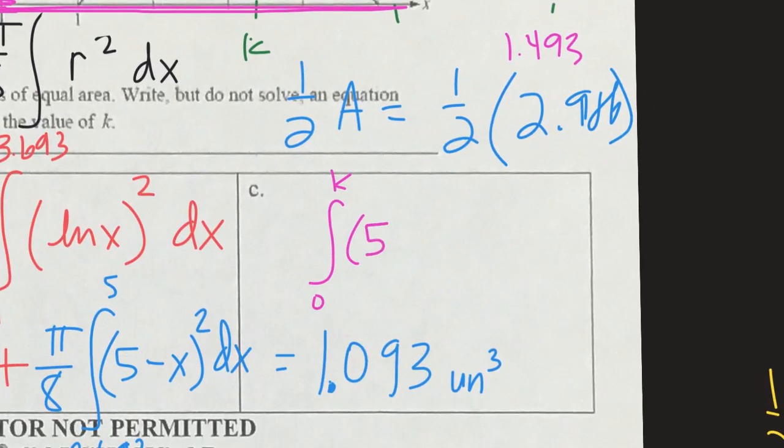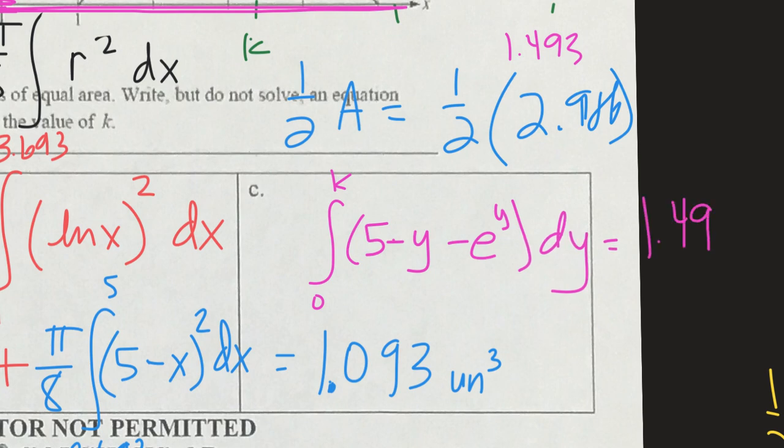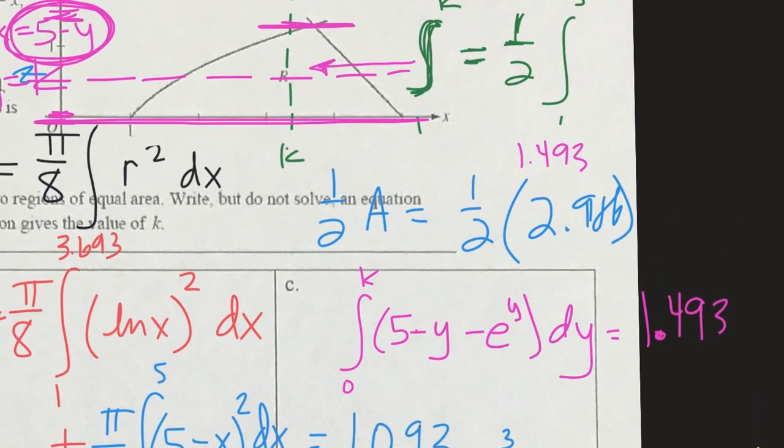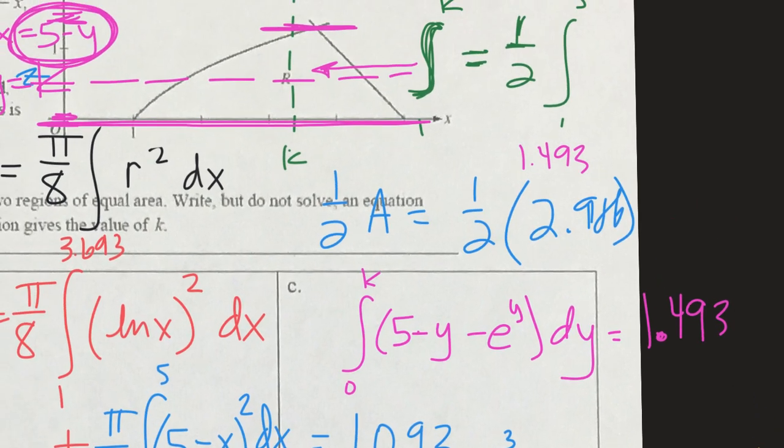Okay, so we have the integral of (5 minus y minus e to the y) dy equals 1.493, which is half of the area. Okay, the area doesn't matter whether it's top to bottom or bottom to top, or left to right versus right to left. The area of this thing is the same no matter which way we look at it.